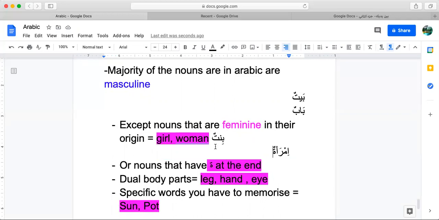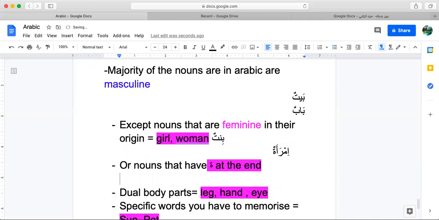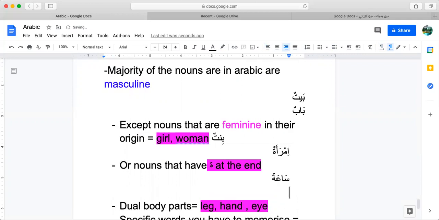Okay. The nouns that have a ta marbuta at the ending. So what is the ta marbuta? That is that ta there. So for example, sa'atun. What does sa'atun mean? It means watch. What else? Sayyaratun. What does that mean? It means car.